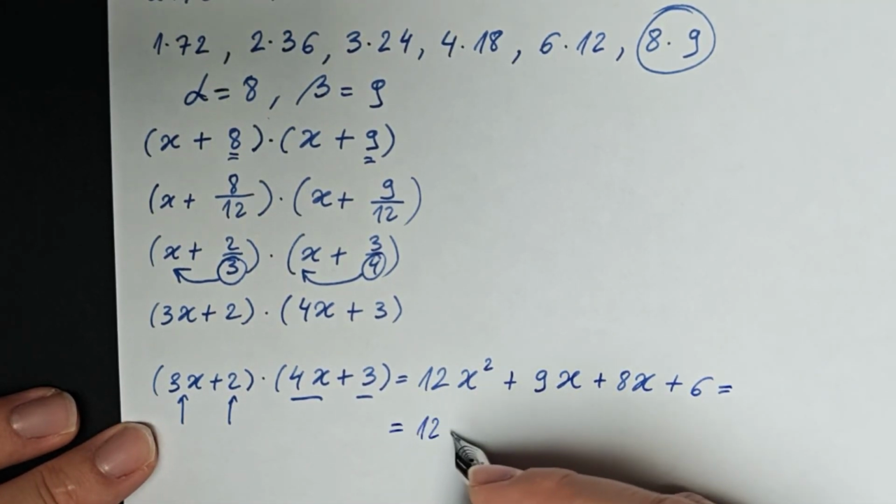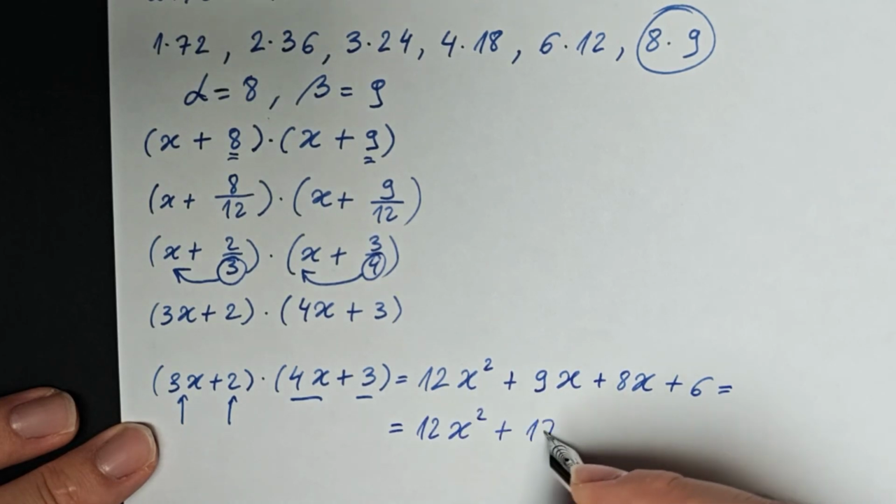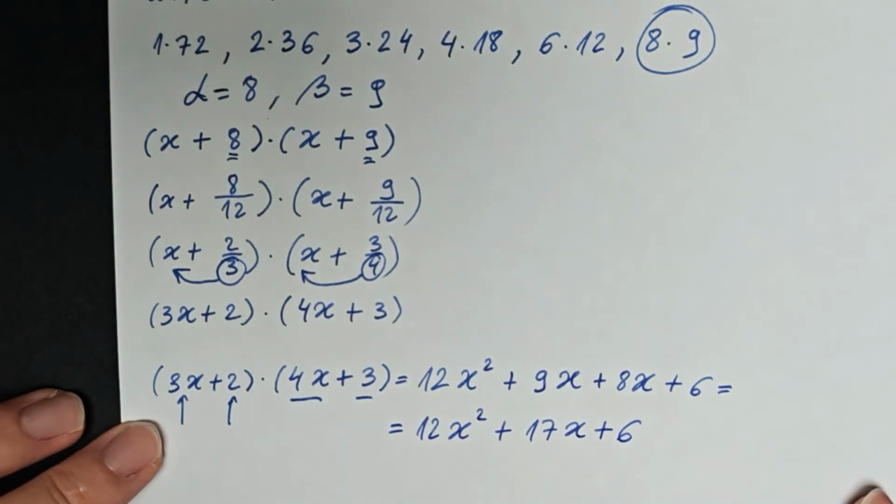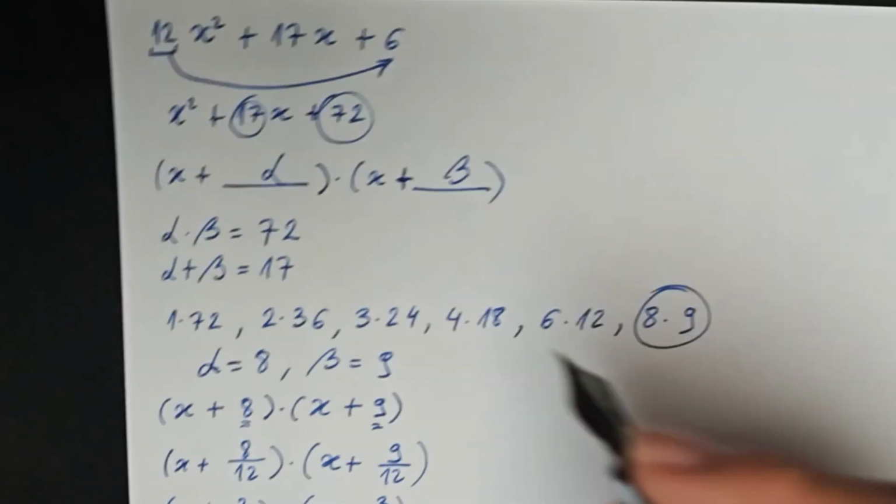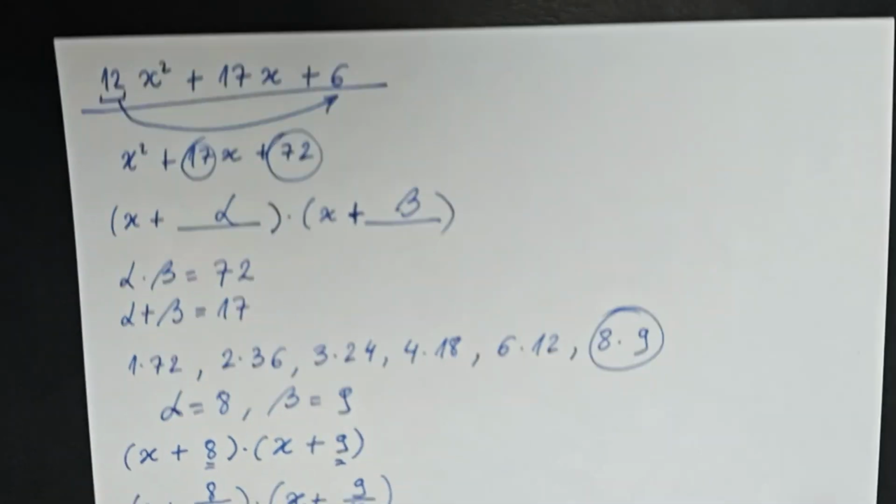And that is equal to 12x squared plus 17x plus 6. And this is the trinomial which we have started from.